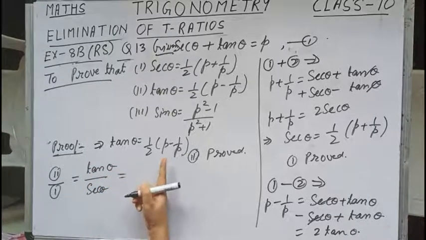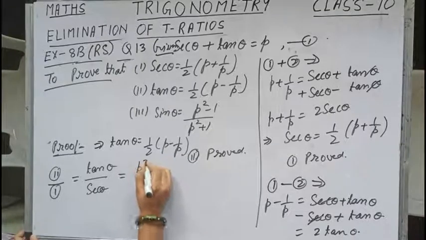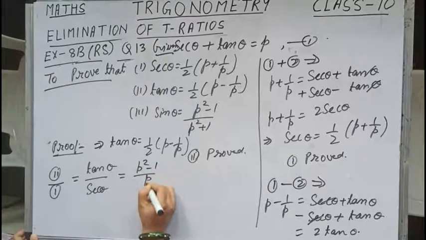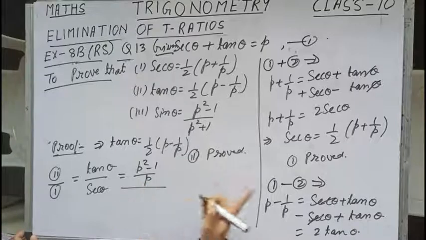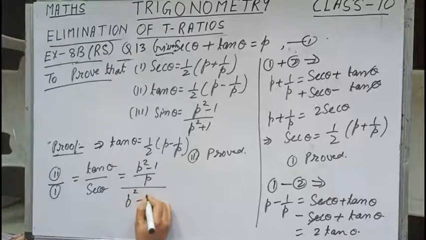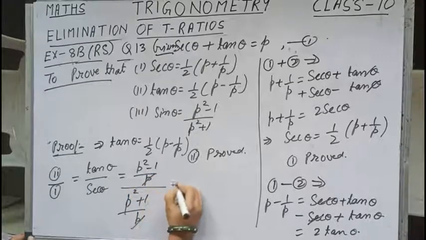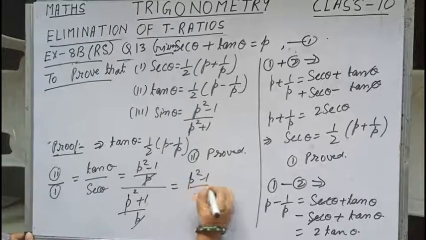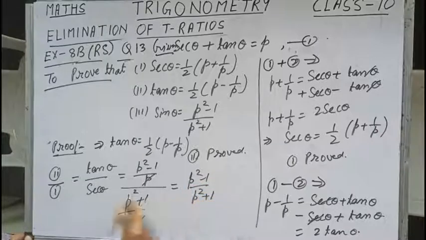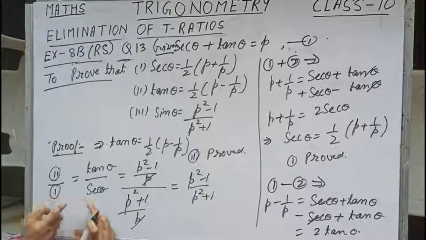Tan theta value is p square minus 1 by p, and sec theta value is p square plus 1 by p. This p will be cancelled and we are getting p square minus 1 by p square plus 1. Let us see if this value is equal to sin theta or not.